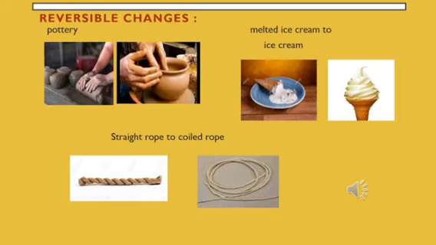We can uncoil the rope and make it straight again. So it is a reversible process. So children, if you look around yourself, in our everyday life, we find so many such processes happening around us, which shows that the changes are reversible.